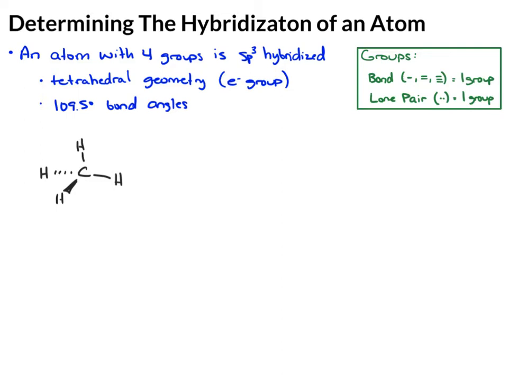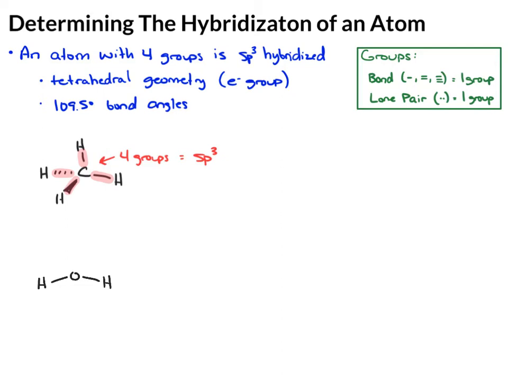So we have 1, 2, 3, 4 groups. That is sp3. And methane has a tetrahedral geometry, and the bond angles between the HCH, those are all 109.5 degrees. Now let's look at water.